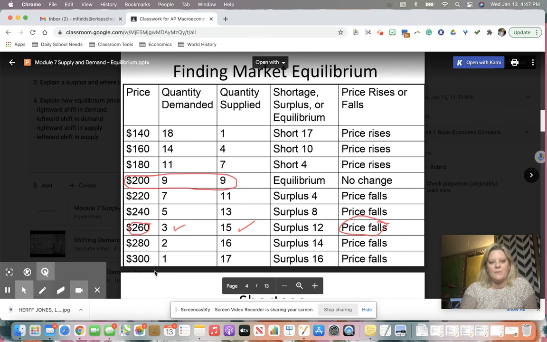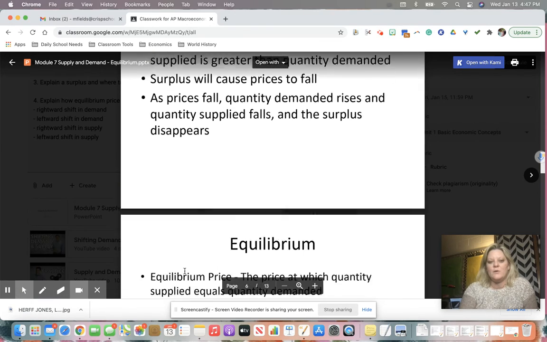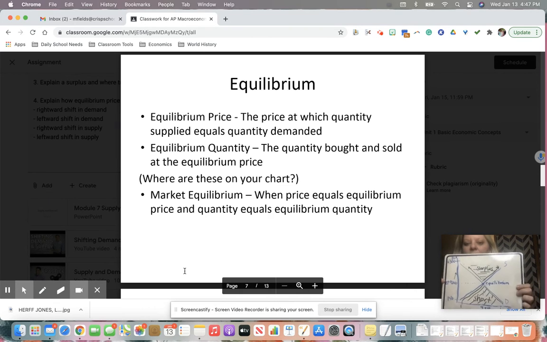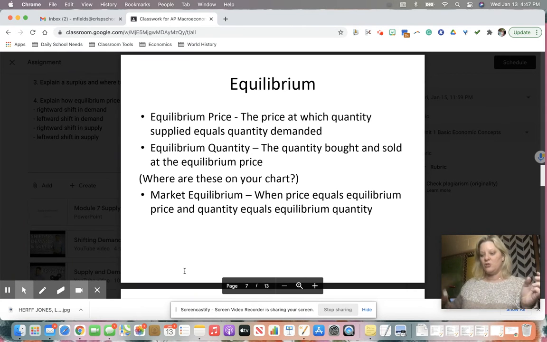All right, so we've seen shortage and surplus. We just said that our equilibrium price is the price at which quantity supplied and quantity demanded are equal. So that would be $200 on our chart. And the equilibrium quantity is 9 bicycles, because that is the quantity at which quantity demanded and quantity supplied are equal.